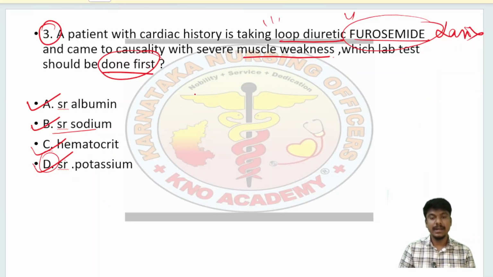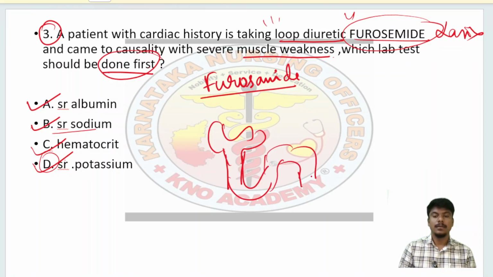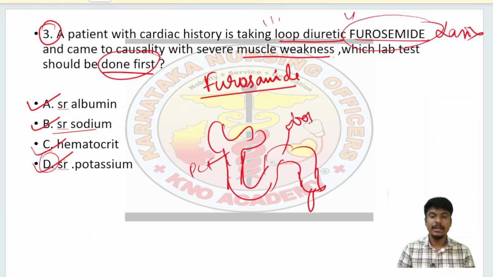Let's see the concept behind this, starting with the drug action of furosemide. What does furosemide actually do? This is the nephron, where urine is produced. This is the PCT, proximal convoluted tubule. This is the loop of Henle. This is the distal convoluted tubule.